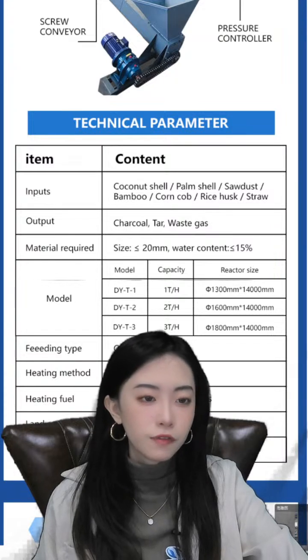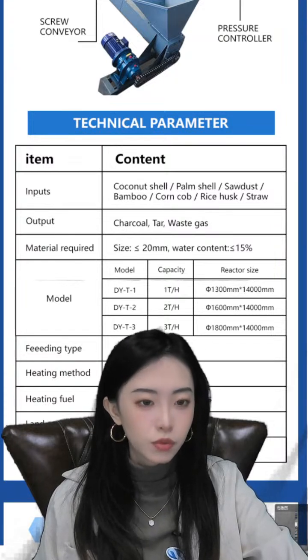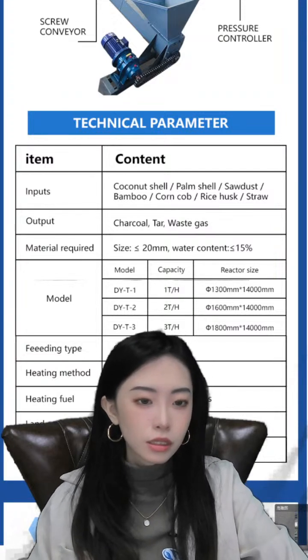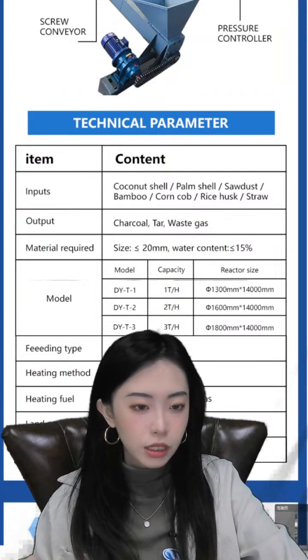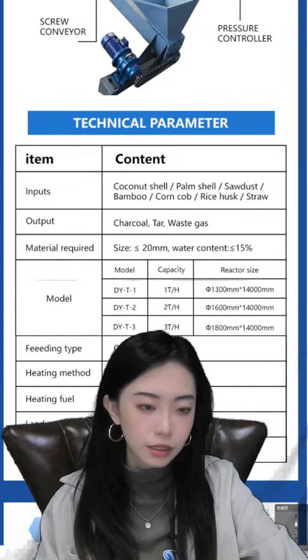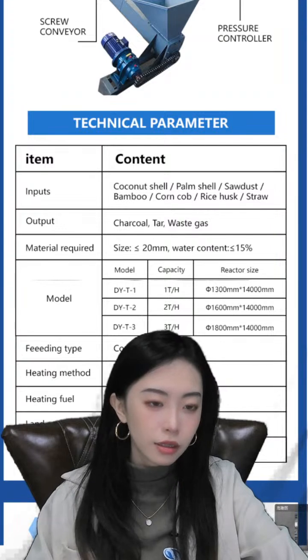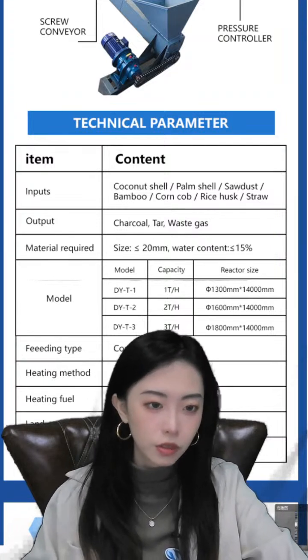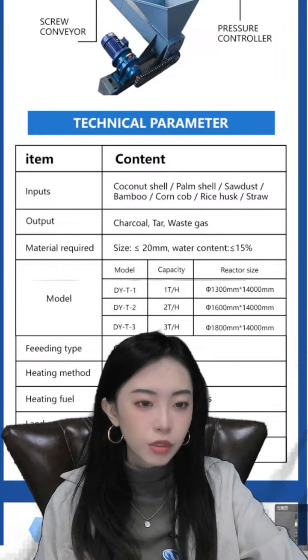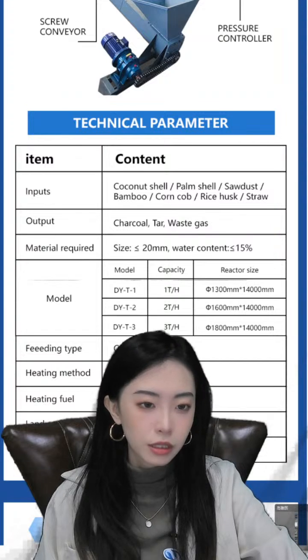If there is too much water in it, it will influence our products. The vinegar content will be higher, but the charcoal may be lower. And also, if we have too much water, it will lower our production efficiency.